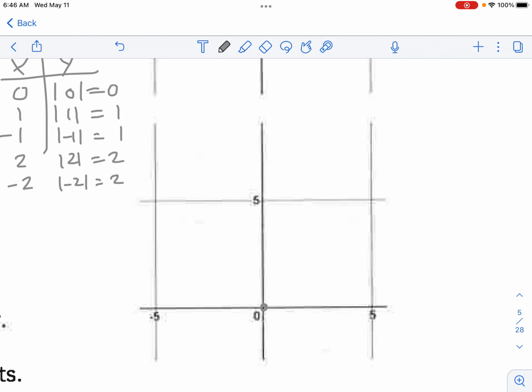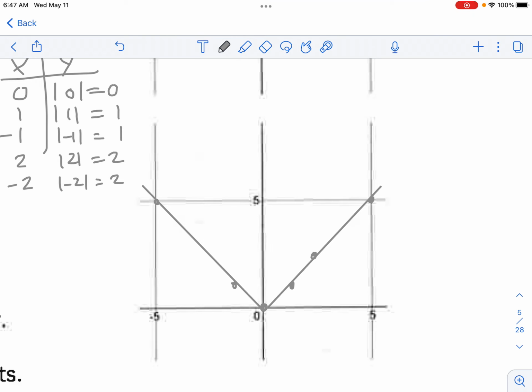We got 0 and 0, then 1 and 1, 2 and 2, 3 and 3, and so on, and 5 and 5. And so we end up with this characteristic V-shape function. That's the parent function.